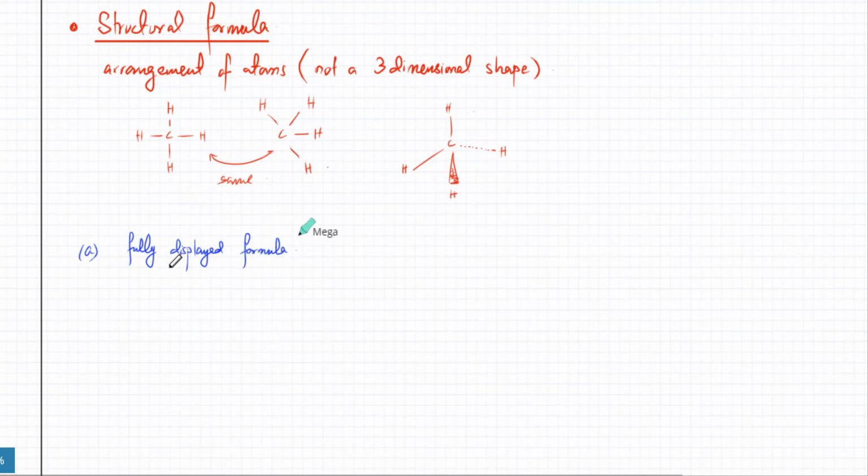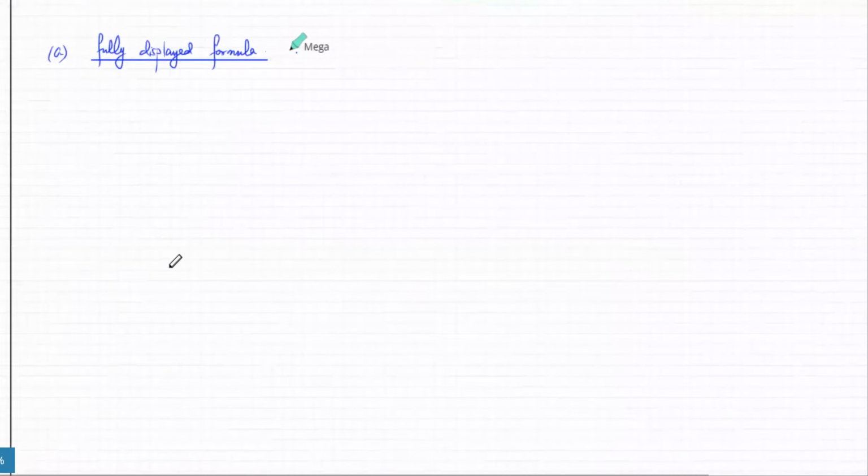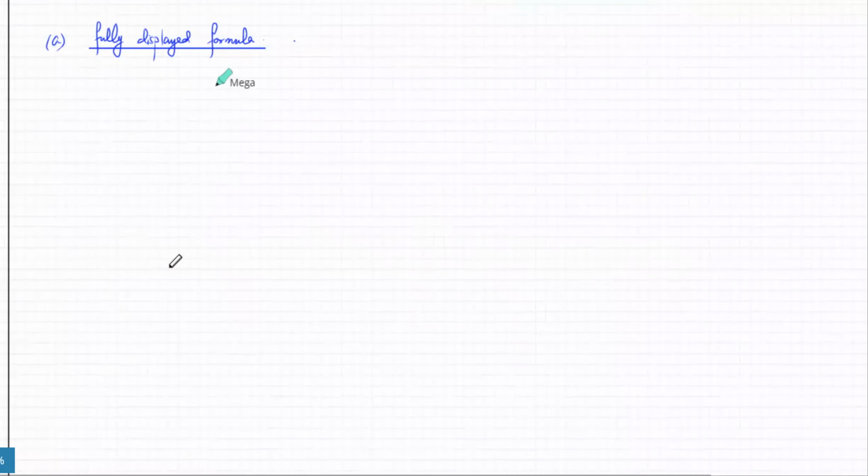They're going to be very specific and ask you to draw a fully displayed formula. When you hear the words fully displayed, it means that you show every atom and every bond.